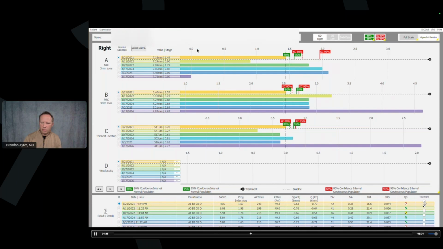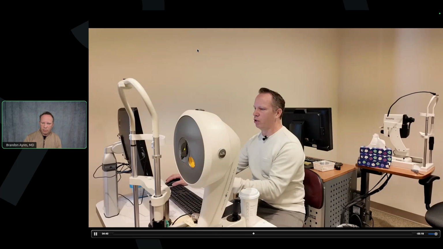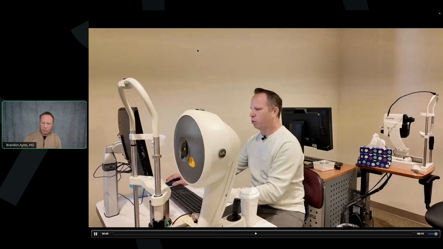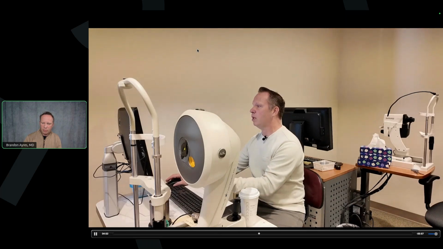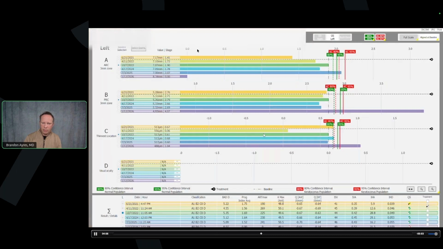Well, as we line up his exams, we check off where the treatment was, between what two exams. And he was back in October of 2021. So between June of 21 and April, he was cross-linked, and that cross-linking was in both eyes. And now you can see our little line on the screen saying, hey, the patient was cross-linked here.